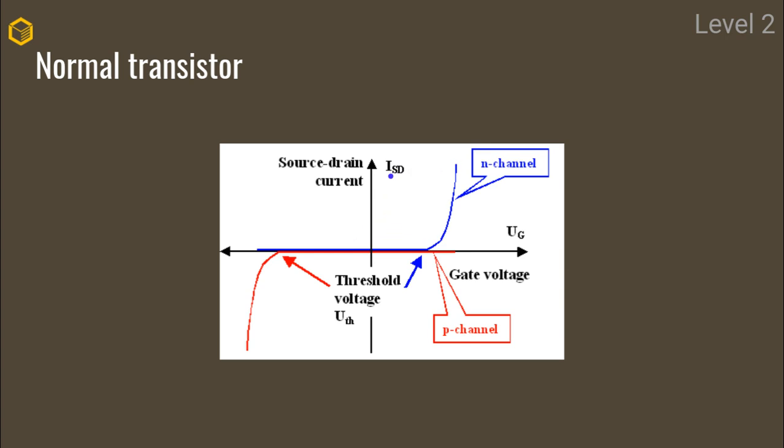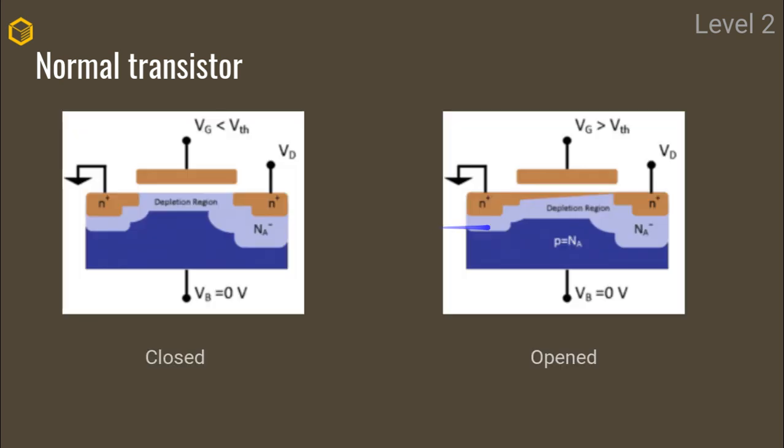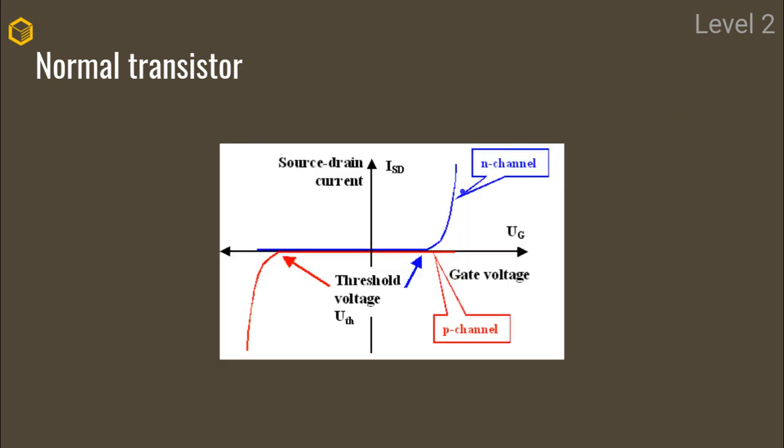So instead of flowing this way, my charges would flow this way. So basically, they're just two different types of transistors where you have positive or negative thresholds, and then you invert the direction in which the charges flow.